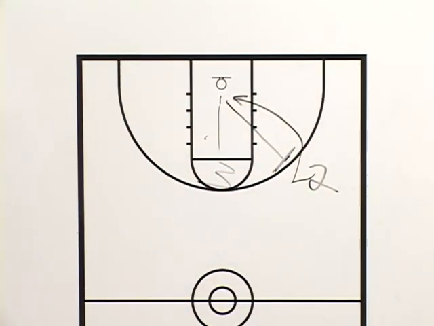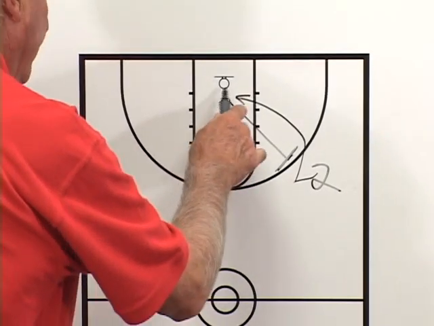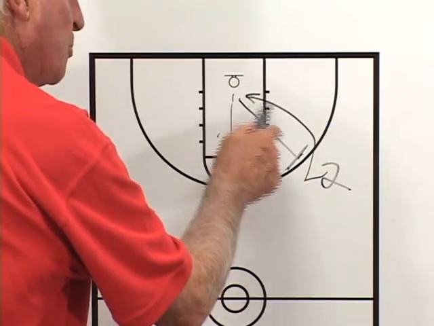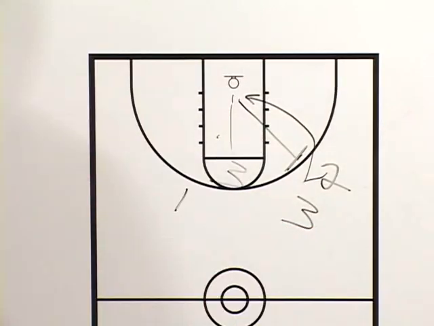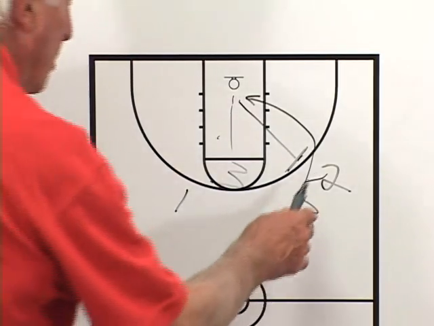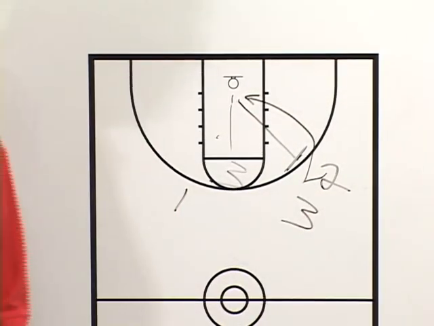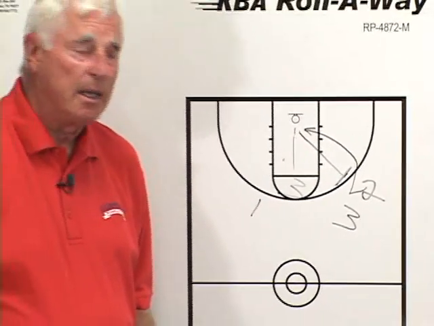Now, 3 becomes a perimeter player. He's made a move down. Maybe he's come out, whatever he's done, started down, come out. But now he's brought 2 into the triangle, and now with 1, he becomes a feeder, where 2 becomes a scorer with inside movement. We found this has always been very effective to use a guard that's a tough kid that can play inside, that doesn't mind setting screens on big guys and can get the ball.